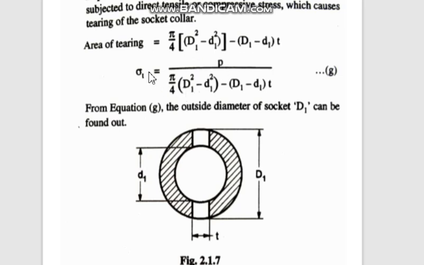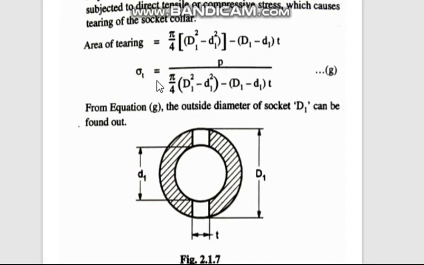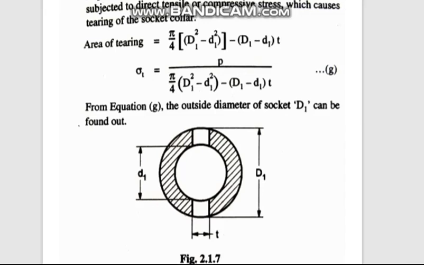Sigma T, because it is in tension, is load upon area, capital P upon this area. From this, because we already know t and small d1, we can find out D1. Okay, coming to the next step.